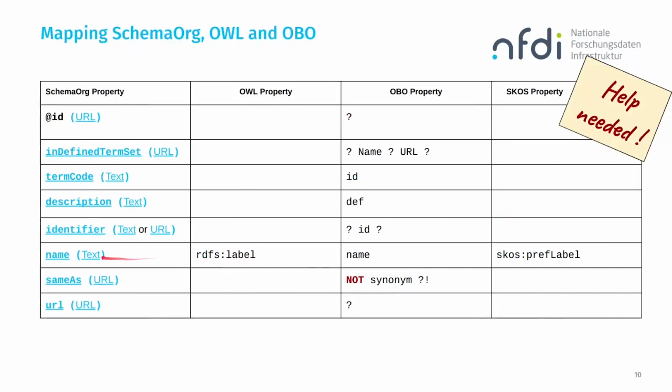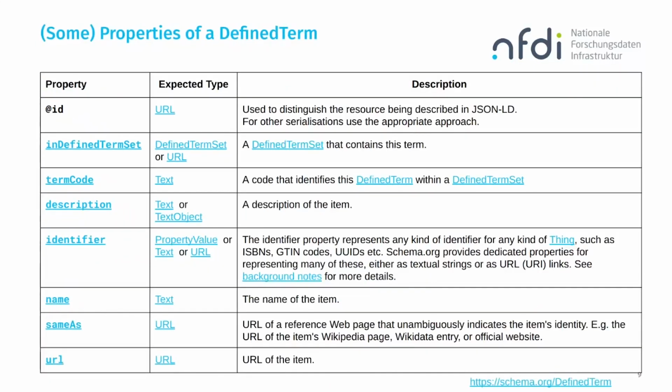So we figure out, yeah, name might be easy, but then I'm already a bit lost about the term codes. They come in different flavors. And then whether or not to use URLs for terms and where they go, that is really a bit up in the air.